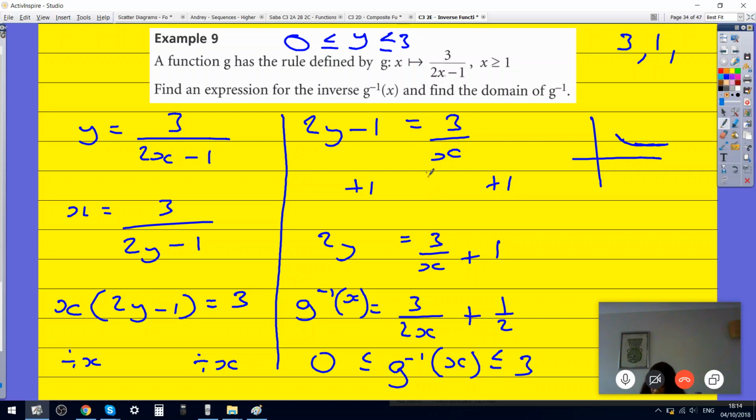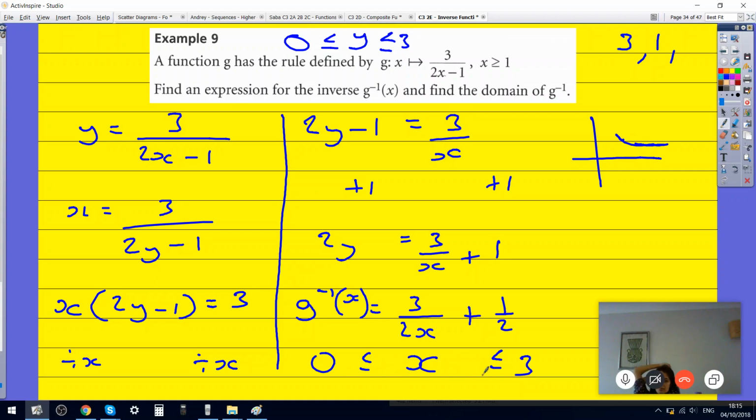Okay, so domain for function equals range for the inverse. And actually I should just replace this with an x. Yeah, the domain for the function is the range for the inverse function. So the range for the function is the domain. So you see up here we have y is between 0 and 3. For the inverse, you swap y with x.